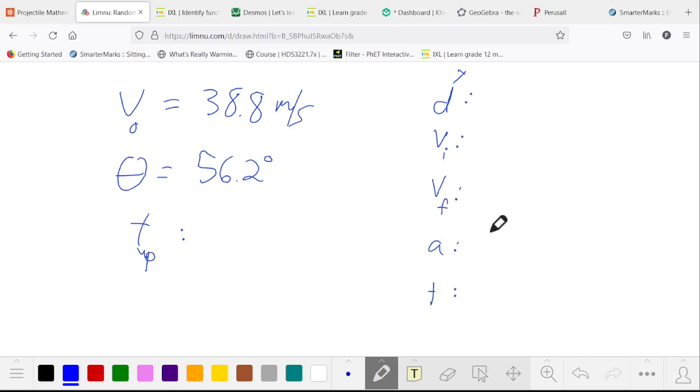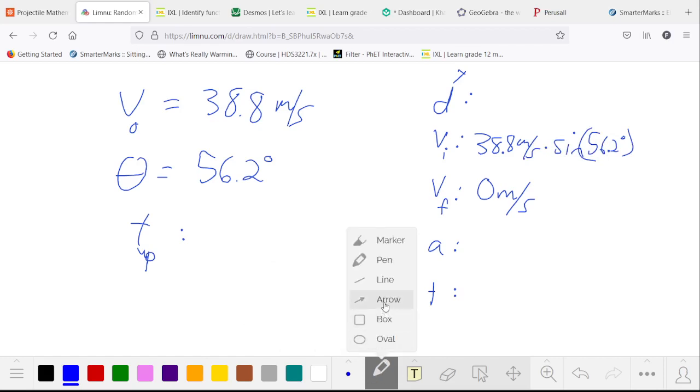If we are looking to the peak, our final velocity is 0 meters per second. Our initial velocity will be 38.8 meters per second times the sine of 56.2 degrees, because our initial vector is up at that 56-degree angle.